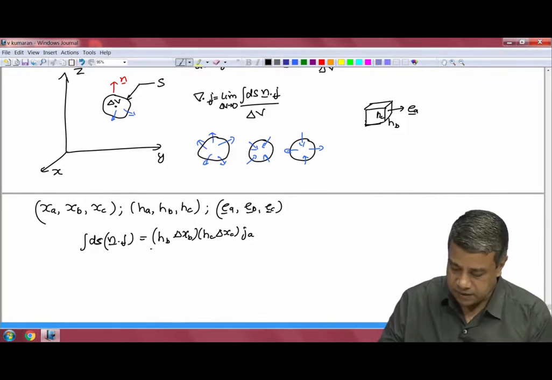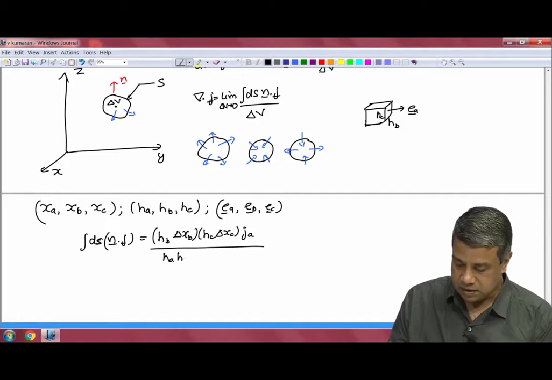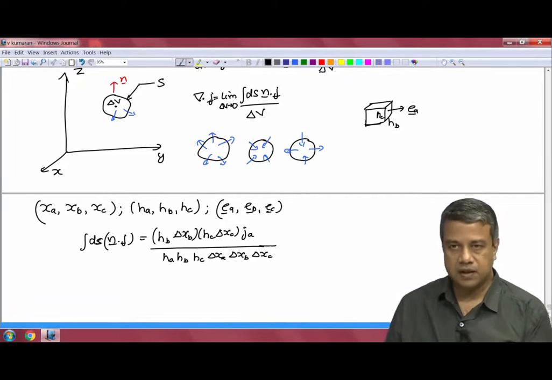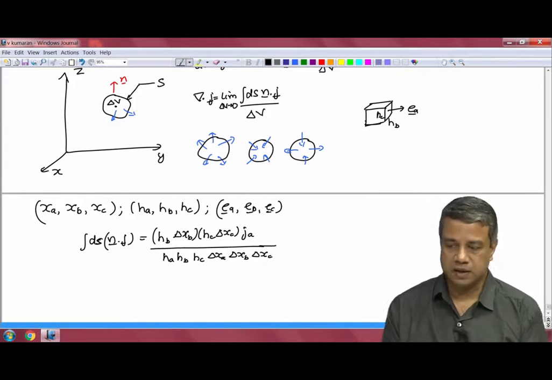And this divided by the total volume, that is h a, h b, h c, delta x a, delta x b, delta x c. This is being summed over the surfaces perpendicular to the E a direction.